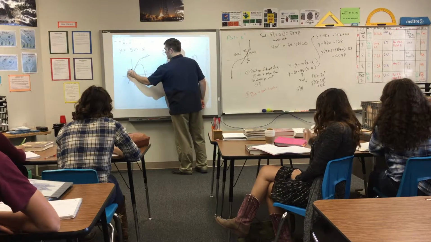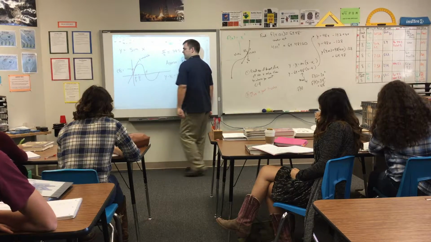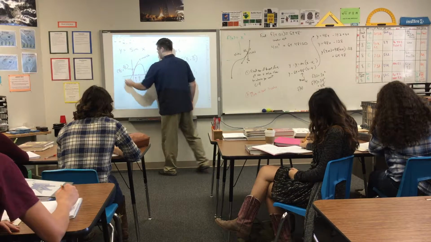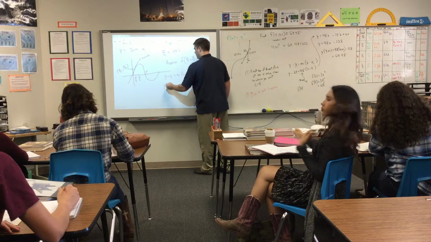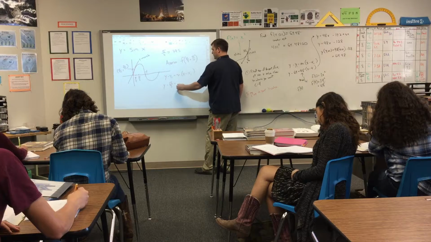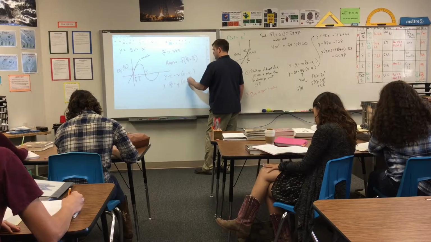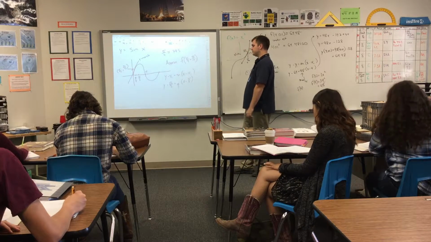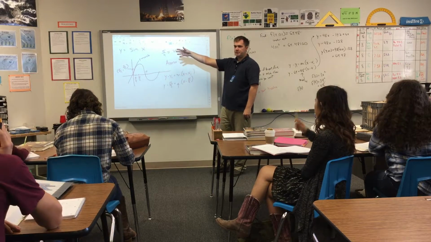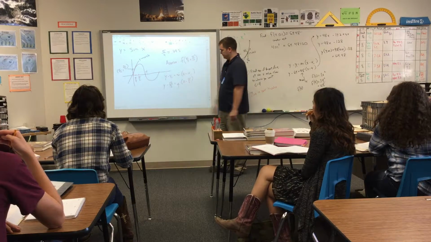So pi over 4, comma, what's the sine of pi over 4? Root 2 over 2. So we have y minus root 2 over 2 equals m times x minus pi over 4. The slope is the slope of the tangent line, which you know as the derivative.